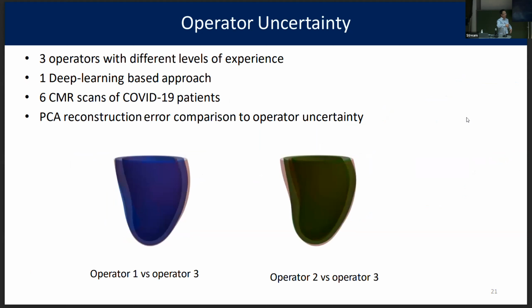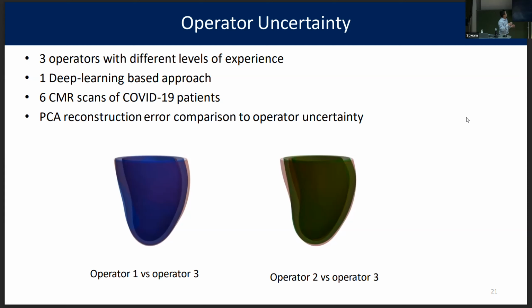So this year we started to look at the operator uncertainty. We have three operators with different levels of experience, experienced and inexperienced users. We also include one deep learning based approach and 6 patients, COVID-19 patients with some cardiac symptoms.